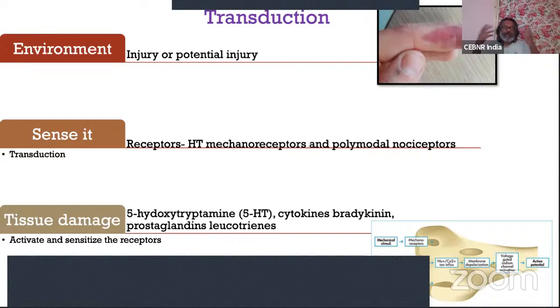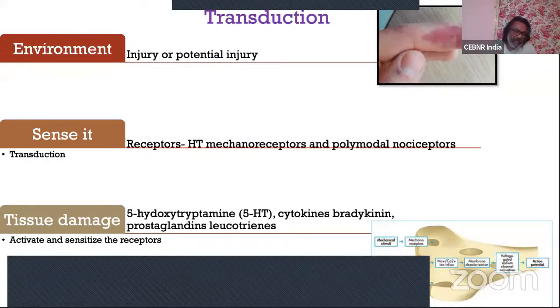Pressure, everything can activate them. And if there is tissue damage, the receptors are activated and produce a lot of chemical changes. That starts the excitatory potential of your synapse, activating your axon to go to your spinal cord. Am I clear?